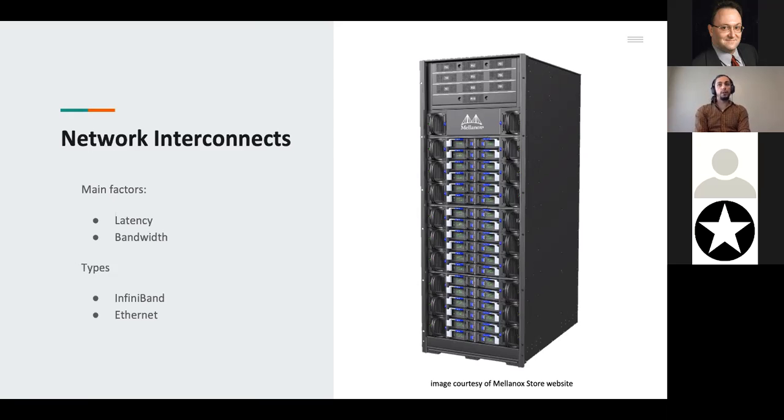Think about splitting a job across all of these hundreds or thousands of nodes in your cluster to make them look seamless, as if they were running on one machine instead of all of these separated little nodes. That's where the latency of the network becomes a big factor.